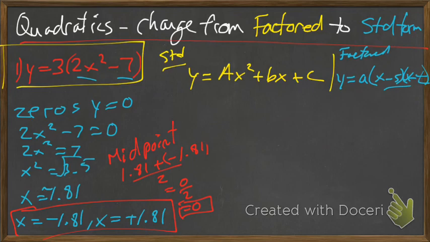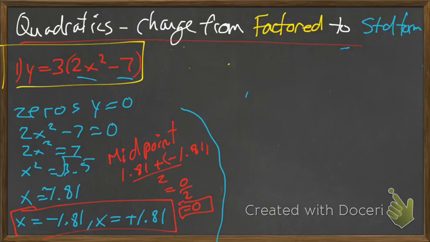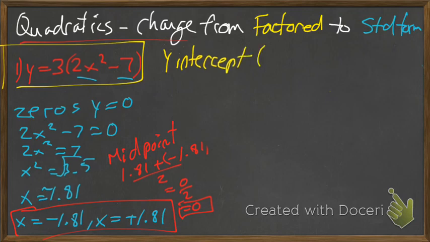Since our vertex is going to be the same as our y-intercept, all we're going to do is find our y-intercept. Actually, I'm going to give myself a bit more room here. Get rid of all that jazz. So I'll do y-intercept. For a y-intercept, we set x to be 0.